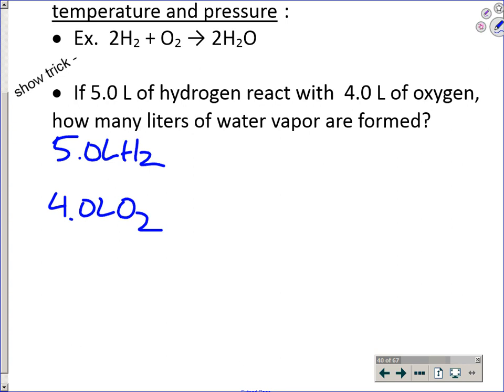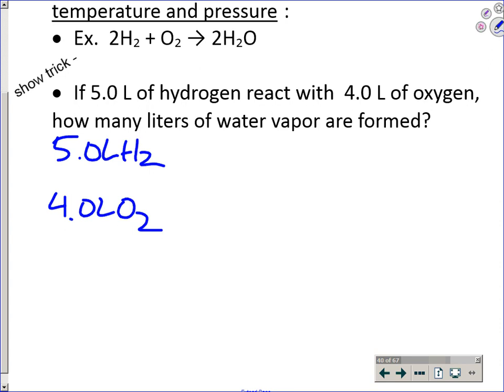So let's think about that, and just think about the ratios. Look what you have there, and think about who's going to run out first. Who is my LR? So if I have 5 liters of hydrogen, how much oxygen do I need to react with? Look at this ratio.